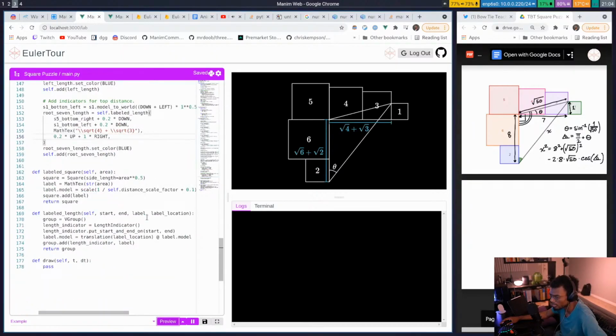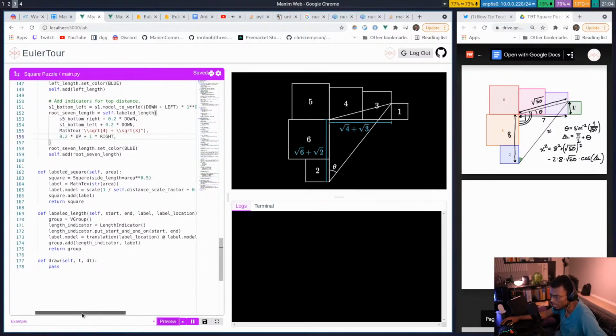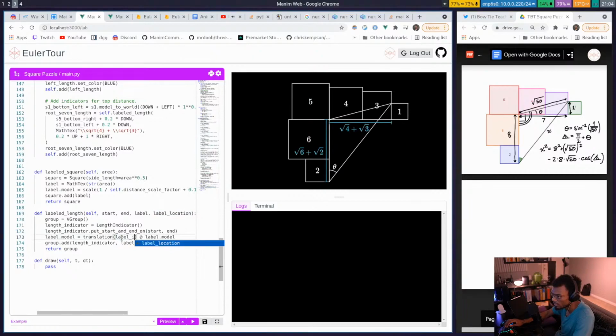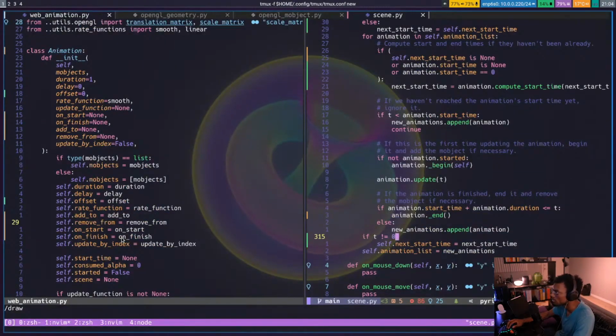But... do I want to do that? I'm trying to think if I want to do it now. I think it should be fairly quick. This translation should be length indicator.model translation. What's the name of that thing?